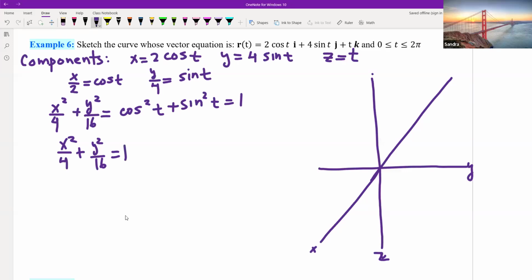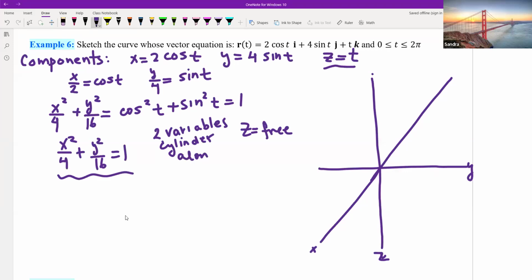So in reality, I have this. I have two variables. That gives me a cylinder. I have another cylinder right here. My z happens to be free again. So this will be along the z-axis.